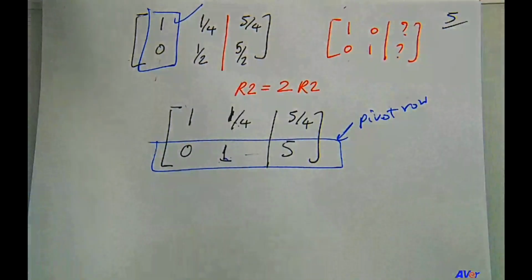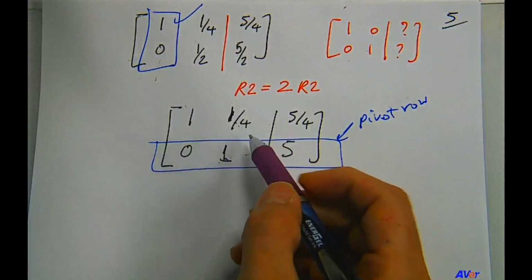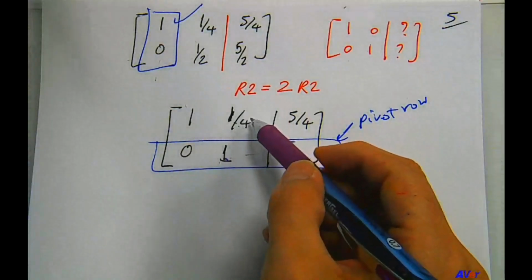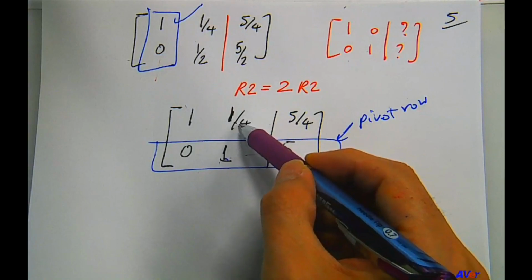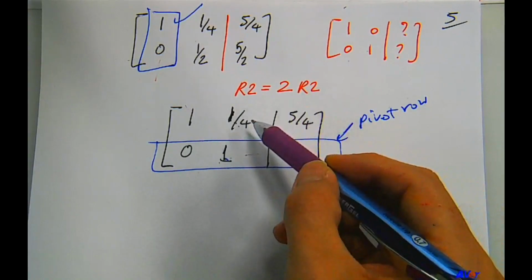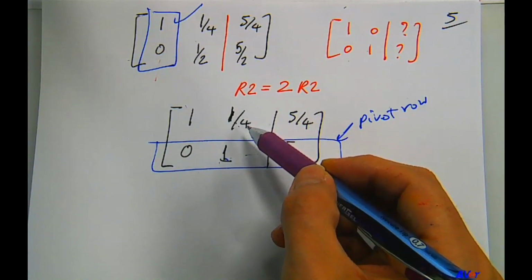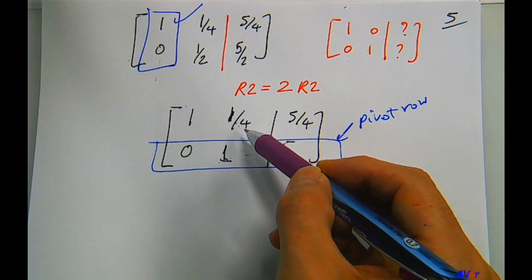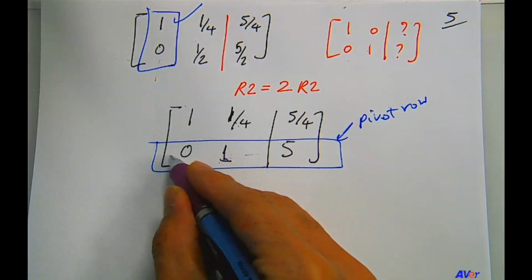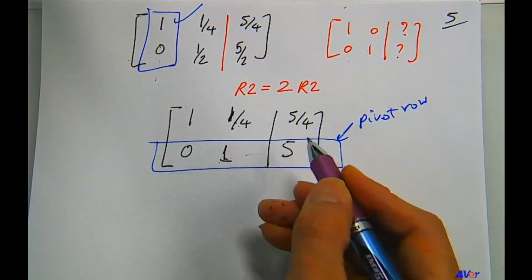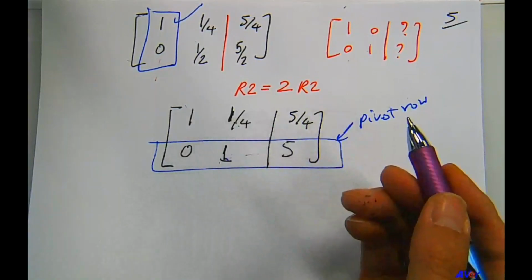Okay, so what is the row operation for doing that? Well, all we need is to add a negative 1 over 4 to this, and we're going to get a 0 in that spot. Okay, great, but where does the negative 1 over 4 come from? Well, it comes from multiplying the pivot row by negative 1 over 4, and then adding it to the first row.